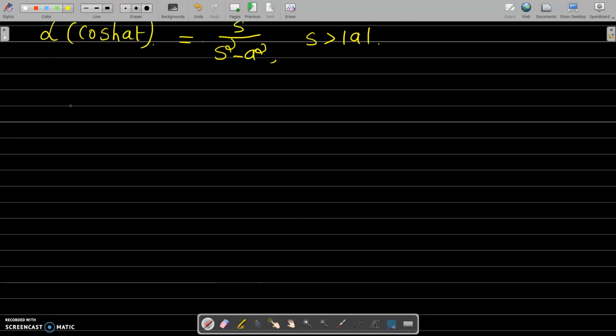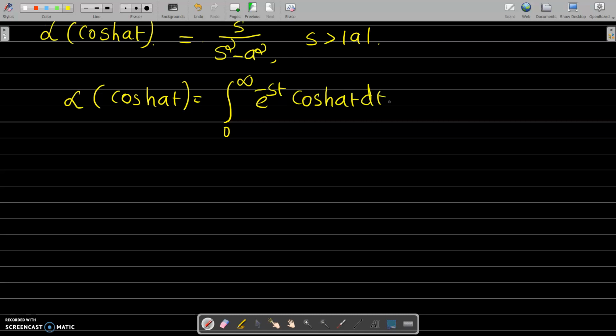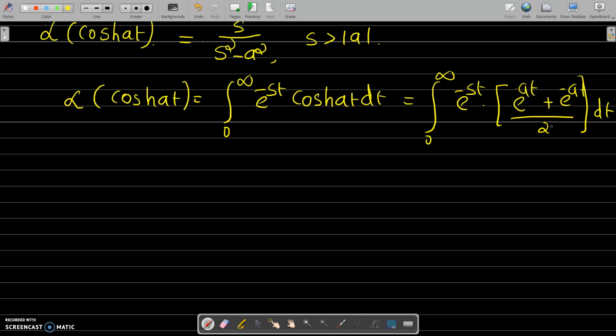And how will you prove this? Laplace transform of cosh at is equal to integral from 0 to infinity e raised to minus st into cosh at dt, which implies integral from 0 to infinity e raised to minus st into e raised to at plus e raised to minus at divided by 2 into dt.